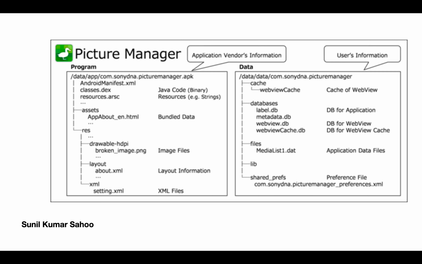Generally a typical application will have the cache related to web view, the database which we use inside the app, the web view related database, files, libraries, and moreover shared preference is also stored there.